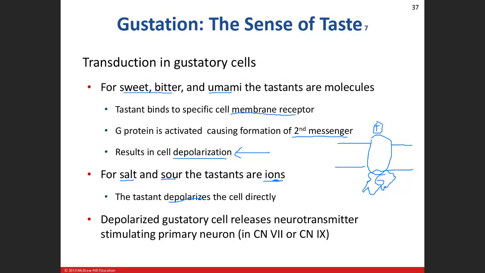And then that primary neuron synapses on the secondary, which synapses on the tertiary, all the way to the cerebral cortex. That's what we're going to see. So the primary neurons, you need to know this, are going to be cranial nerves 9 and 7 for taste. Please don't forget that. Questions so far? Not too bad?